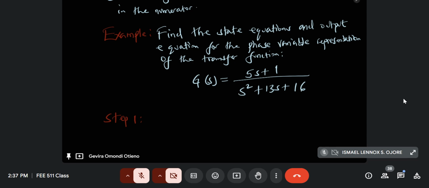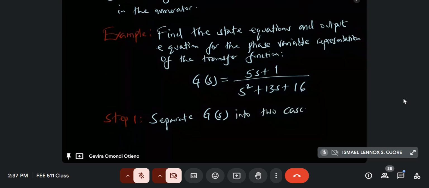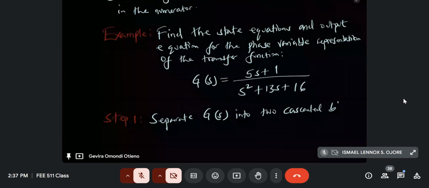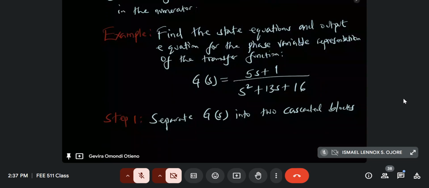So here, whenever the numerator is a polynomial in S, the first step is to separate G of S into two cascaded blocks. Very important, because this is basically the difference.